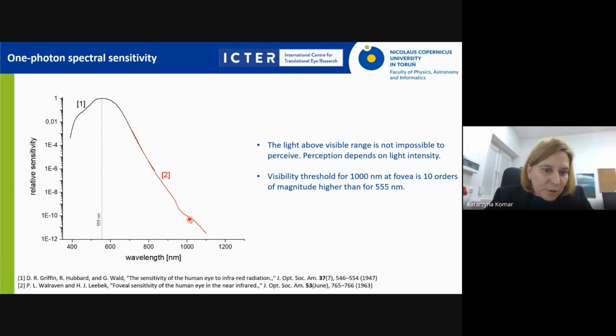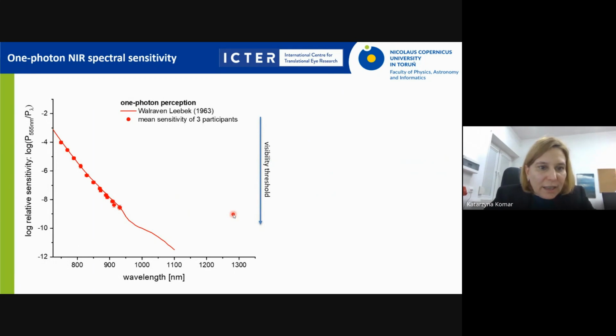However, this long end perception, close to the one photon normal vision, is connected with the perception of red color. And we performed an experiment with our lasers. We measured the visual threshold of 3 participants at the fovea center.